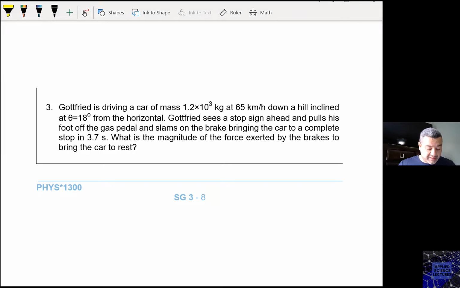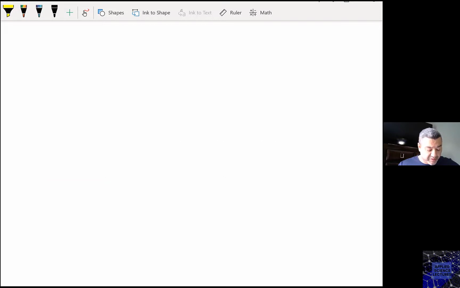Gottfried sees a stop sign ahead and pulls his foot off the gas pedal and slams on the brake, bringing the car to a complete stop in 3.7 seconds. What is the magnitude of the force exerted by the brakes to bring the car to rest?